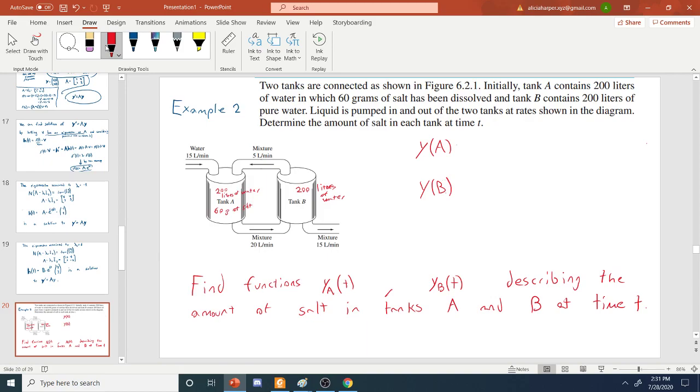So YA is going to be, or rather the rate at which the salt is changing is going to be 20 liters per minute divided by the size of tank A, which is 200 liters, and then times the relative amount of salt.